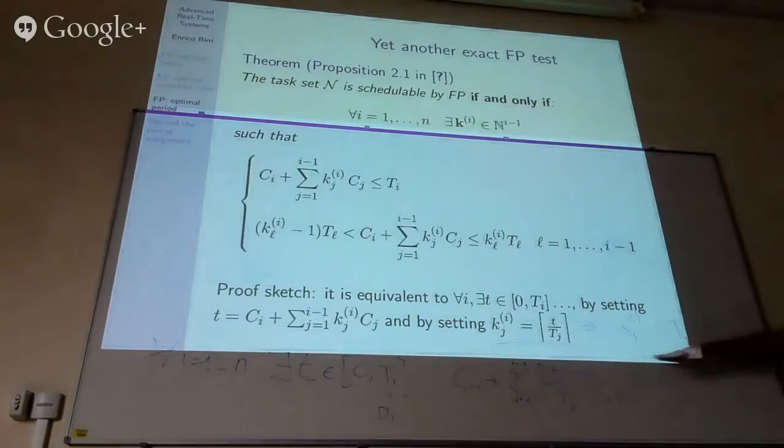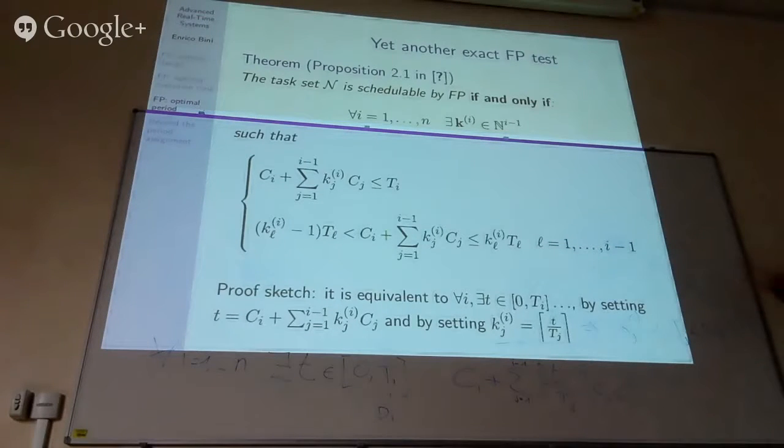So this is just the definition of ceiling, okay? You can recognize the similarities with this.